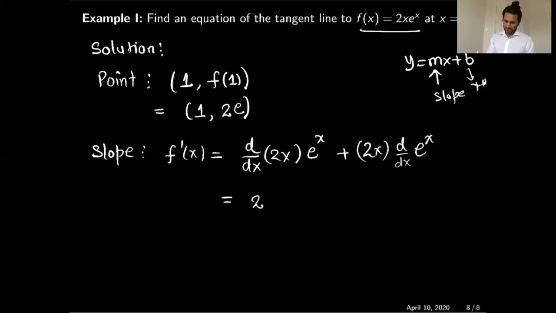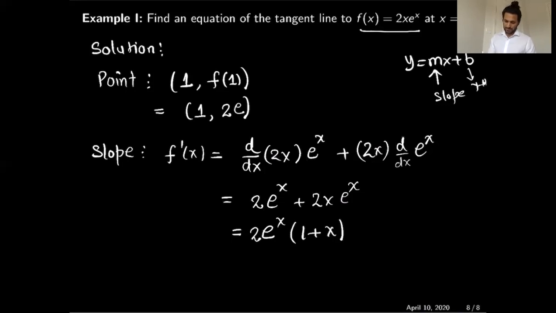Therefore, this is 2 e to the power x, plus 2x e to the power x, because the derivative of e to the power x is just e to the power x. I can pull out e to the power x, and I can also pull out 2, and this will become basically 1 plus x.